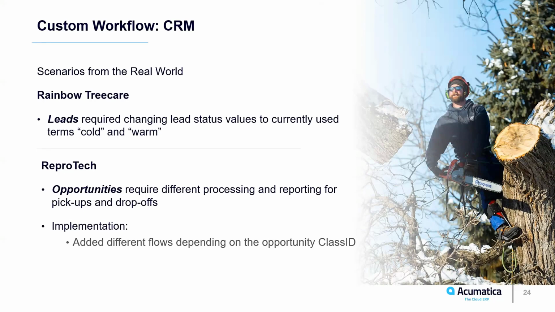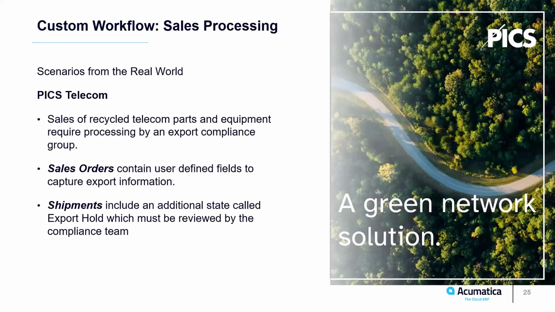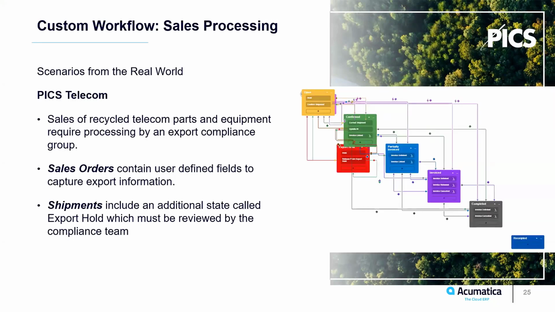Depending on whether they're doing pickups or deliveries, they have different workflows to follow on how to trace opportunities. And here's another one, from somebody that's modified Pix Telecom. They do recycled telecom parts, and you can see that they built a new workflow here. This is an actual screenshot of what they did to manage how the shipment process was changed.